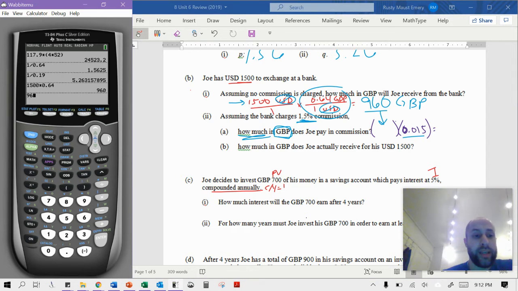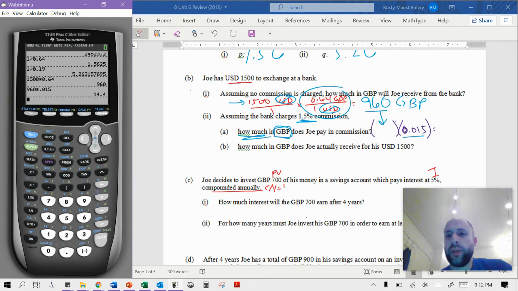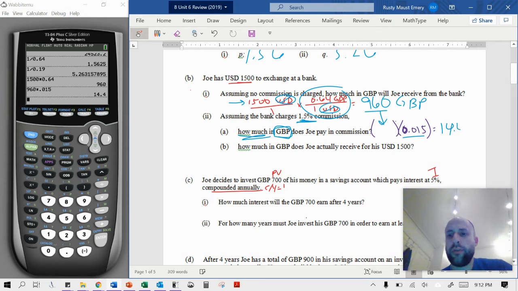So I need to take 960 times 0.015, and that gets me 14.4 Great British pounds that I would pay in commission. So that is my answer to this question.